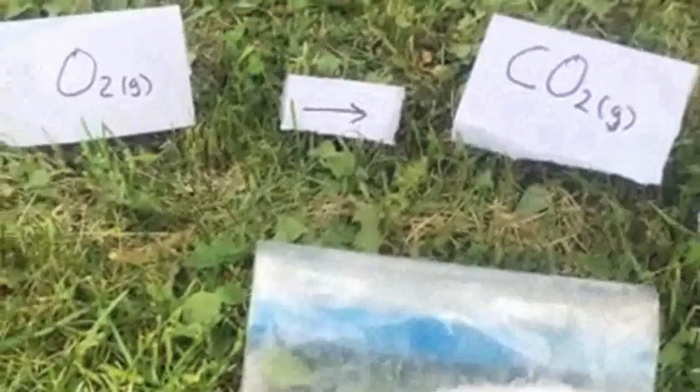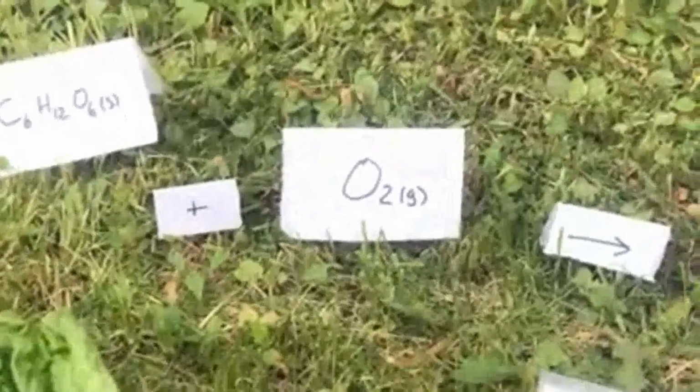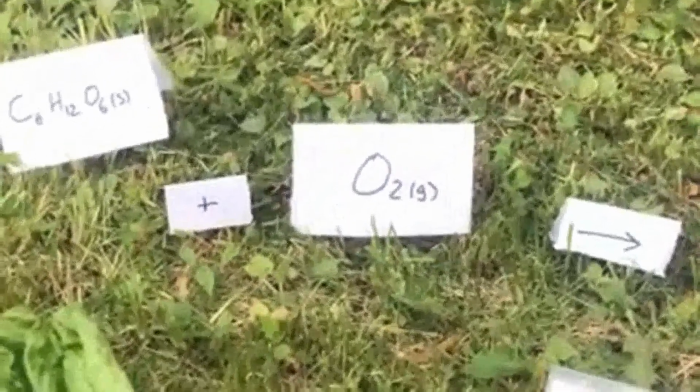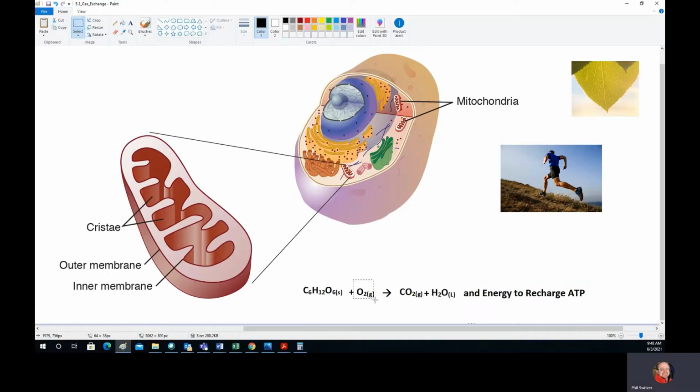Let's take a look at how the mitochondria actually does the reaction of cellular respiration really quickly. As we were just discussing, plants do indeed do photosynthesis. One of the key products of photosynthesis is oxygen. Oxygen is critical for us, and especially for exercising, because we use oxygen in a process called cellular respiration.